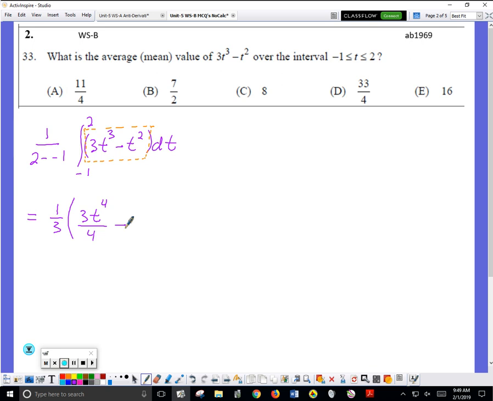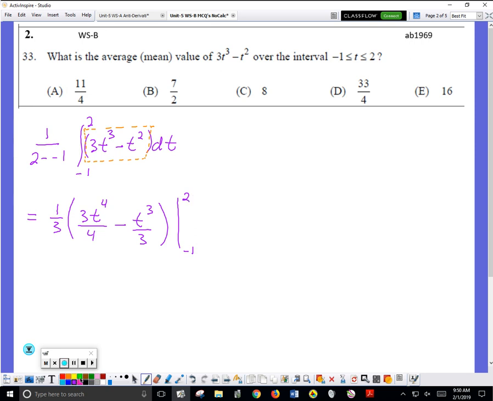Okay, t squared, t cubed over 3. Wave if you need me to do more. And then all of that needs to be evaluated from -1 to 2. The 1/3 is just an extra multiplier.